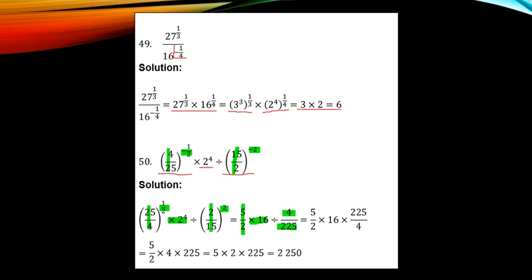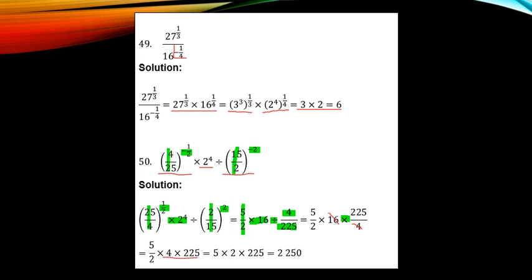You know, in divided fractions, the division sign changes to multiplication, and again we invert the fraction to 225 over 4. So if we reduce, first you divide 16 by 4, you are left with 4 now in the numerator. So you have 5 over 2 times 4 times 225.